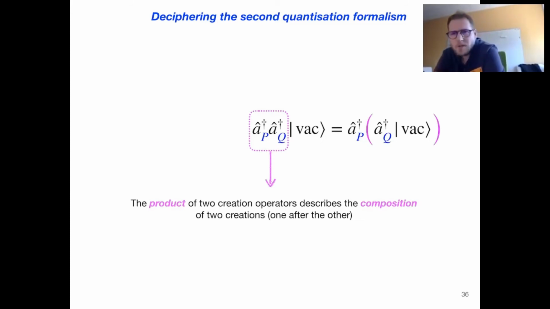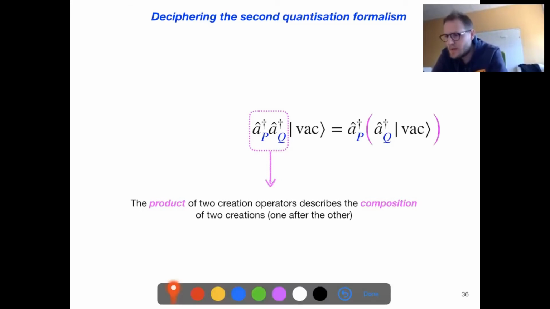Just some comments. In this notation in second quantization, the fact that I put the two operators, A_p dagger and A_q dagger, close to each other is usually what we just call a product. We make a product of operators. But it has to be clear that what we mean by that is that we actually compose. Composition means that, let's say I start from the vacuum, I still read from right to left.